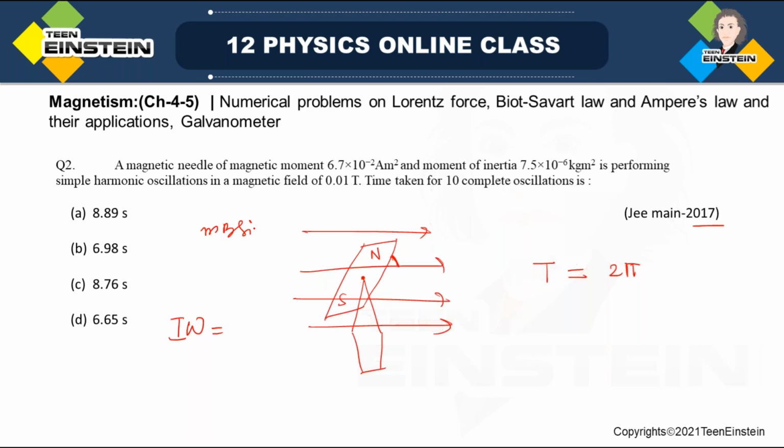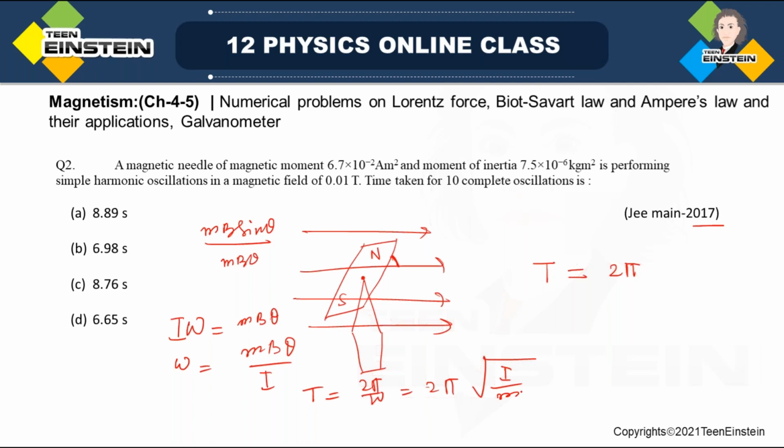So mB theta, where B is the magnetic field, m is the magnetic moment. From here you'll get omega squared equal to mB by I, where omega is the angular frequency. We know T is equal to 2 pi by omega, so it will be 2 pi square root of I by mB.